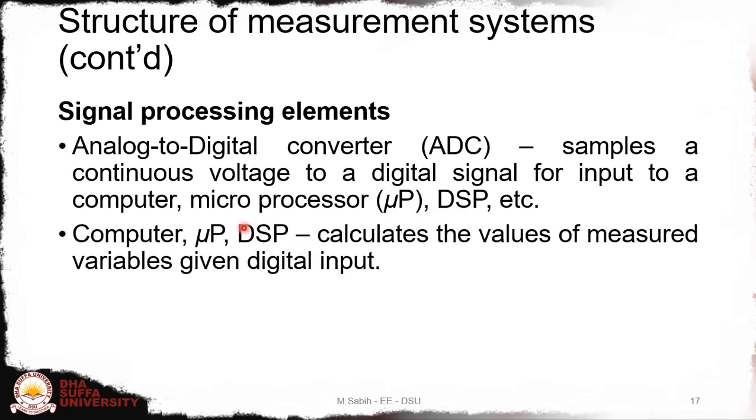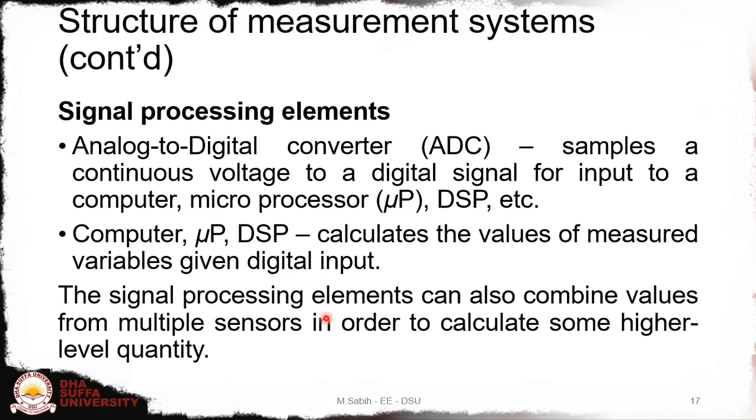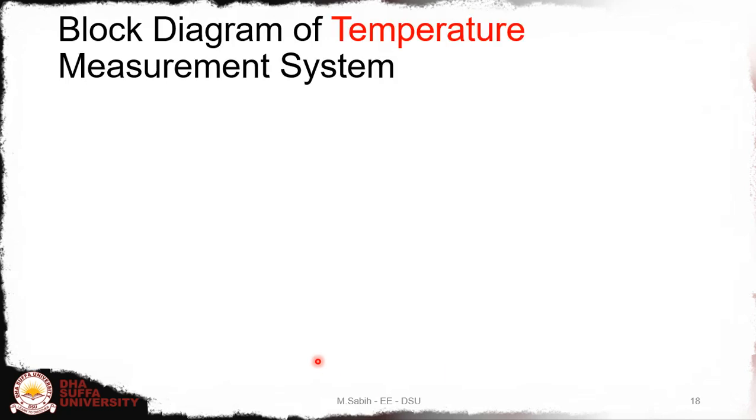Then the computer or DSP chip calculates the values of the measured variables given the digital input, applies an algorithm, does some filtering, and so on. So signal processing elements can also combine values from multiple sensors. This is sensor fusion, in order to calculate some higher level quantity.